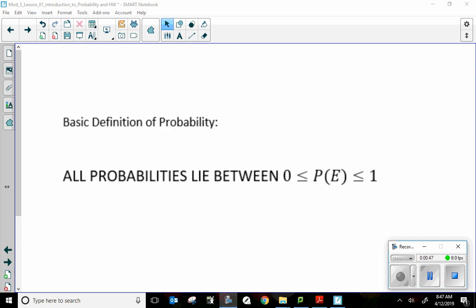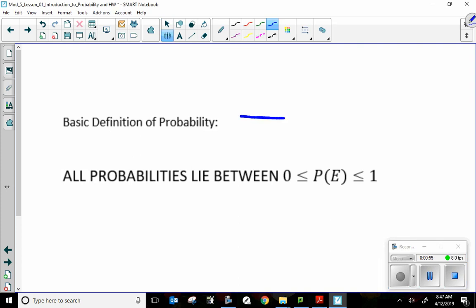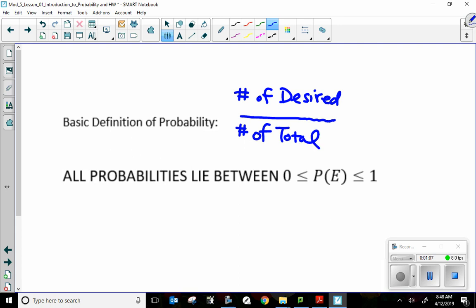Let's first discuss the basic definition of a probability. In terms of a fraction, a probability is the number of desired outcomes over the number of total possible outcomes.